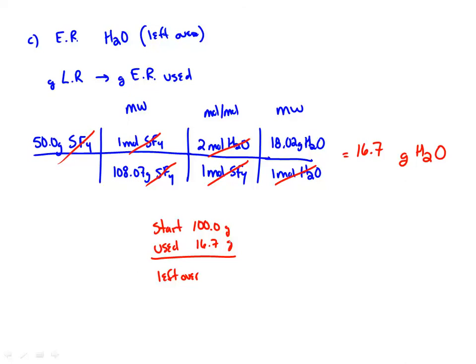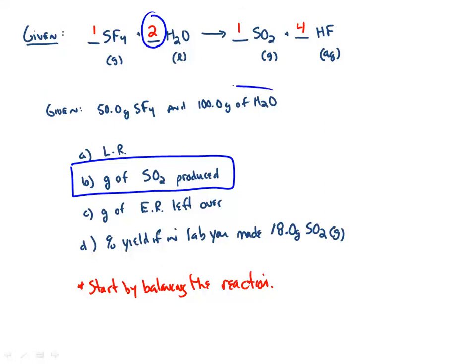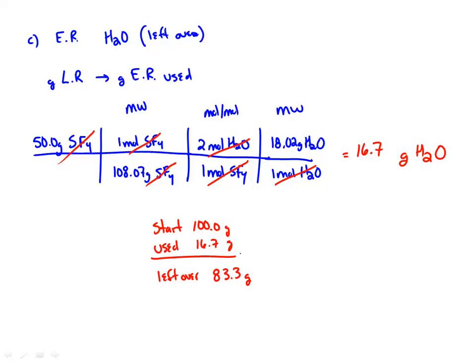Why are we doing 100 grams? Because we started with 100 grams of water. If you go back to the original question, we started with 100 grams of water, but we only used 16.7 grams of water to react with the SF4, and then we ran out of SF4, so all the extra water is still sitting around in the reaction.